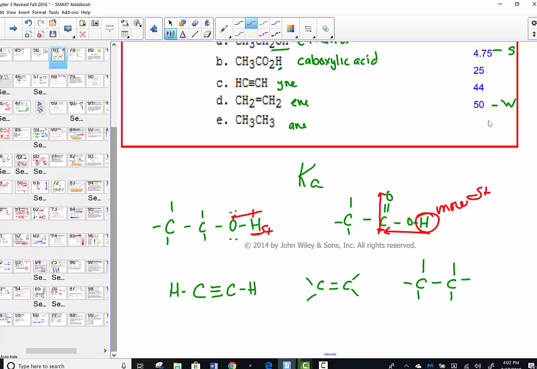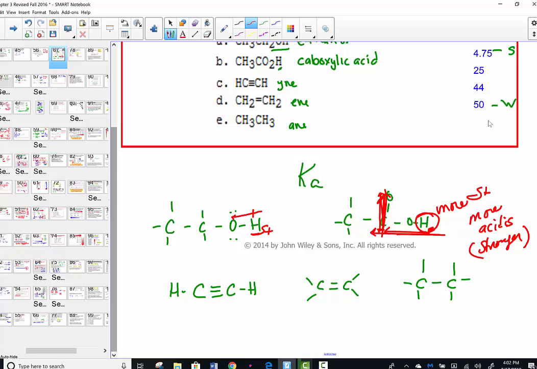Again, the induction, the pull away from the hydrogen, is greater because of the carbonyl functional group on the oxygen. So that makes this more acidic. It's a stronger acid. There's more polarity surrounding that hydrogen, therefore it will be more positive.